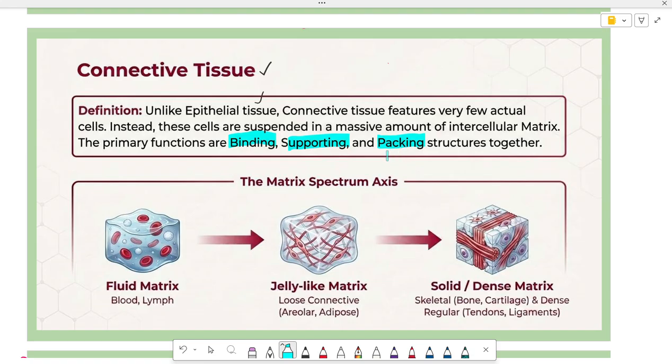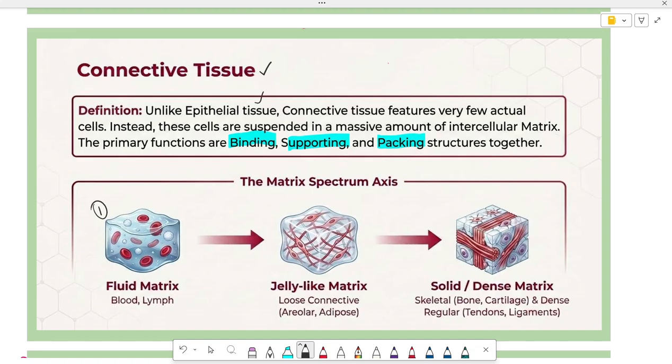There is some classification in connective tissue. Connective tissues are classified into three types. Type one is fluid connective tissue. Why are we calling it that? On the screen we can see cube-type tissue. You can see red cells, white cells, and platelets, along with some liquid.